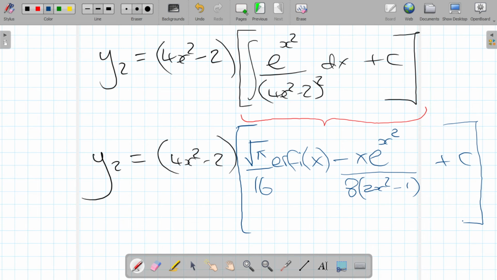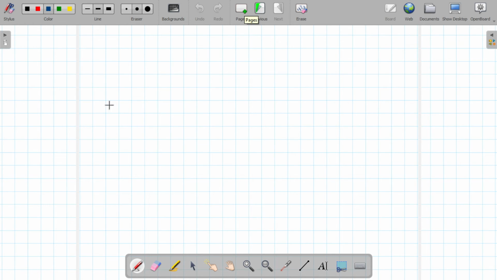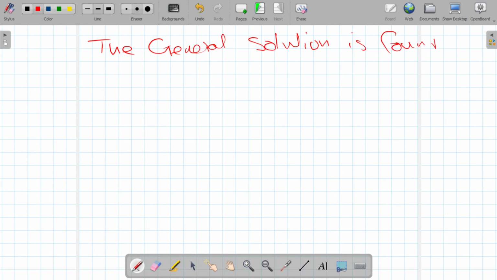Now, I might have been a bit confused about the next part in previous videos because the general solution, and I'm going to write this in red, the general solution is found from adding y1 to y2, but by putting constants in as well.